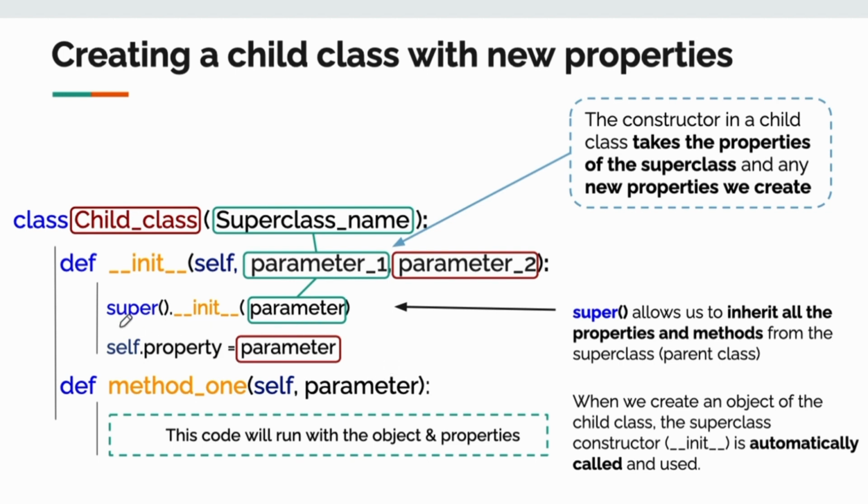So I want to activate this parameter from my superclass. That's what that's saying. So all those parameters I can put here. And then any new properties you want to create would be followed by. You can then go forward and create that property, just like you did before. Okay, key takeaway. If you are creating new properties, use init as well as the super function to activate what you're trying to do.